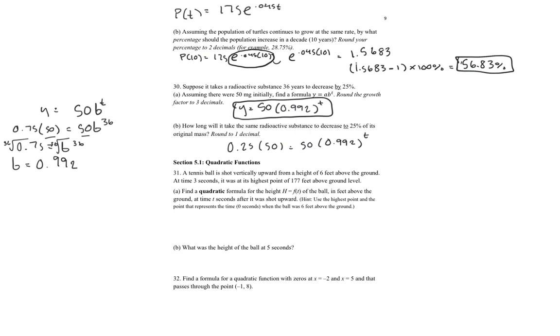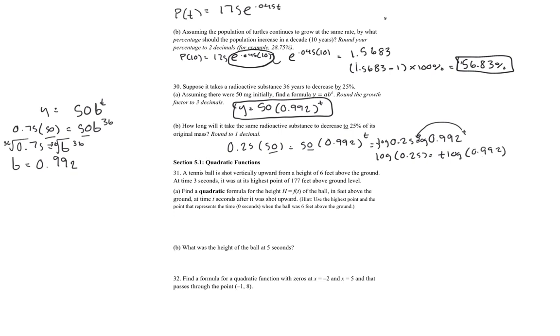So then we can divide by 50 on both sides, and then we'll be left with 0.25 is equal to 0.992 to the t. And then we can use our handy log rules, since if we take the log of both sides, we know that if we have something in the log that's being taken to an exponent, we can just bring it out in front. And so then we'll have log of 0.25 is equal to t log of 0.992.